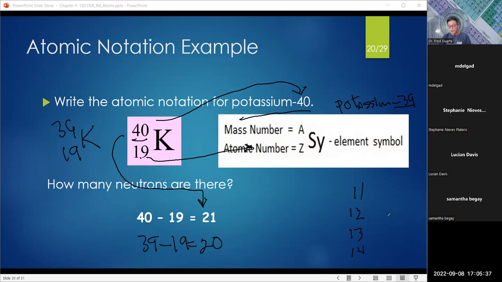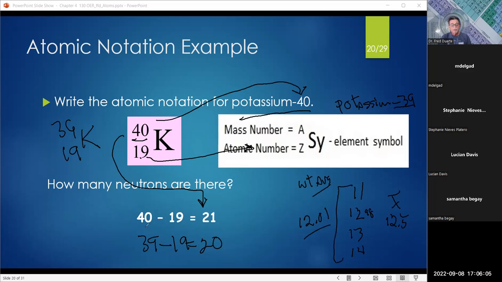We all agree the average of that is 12.5, no question. But the weighted average is different. If carbon 12 was 98%, the weighted average would be closer to 12, so about 12.09, okay? And that is the weighted average of all the carbons.